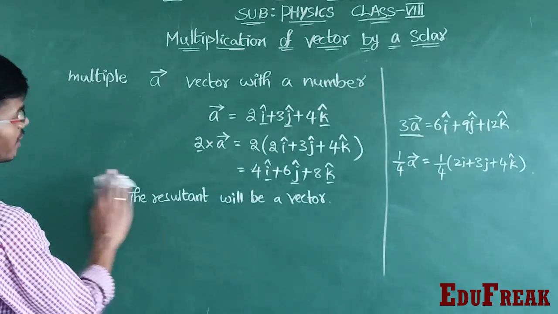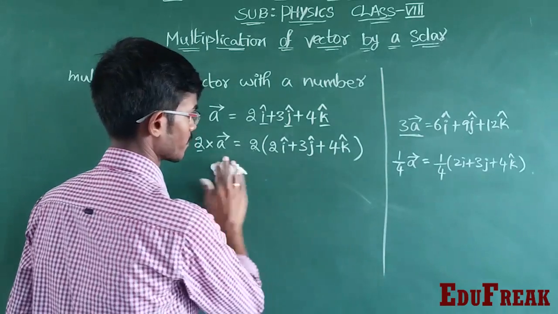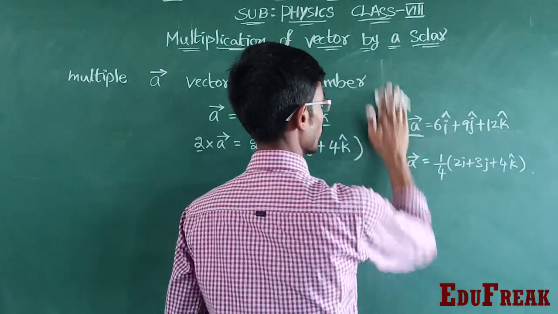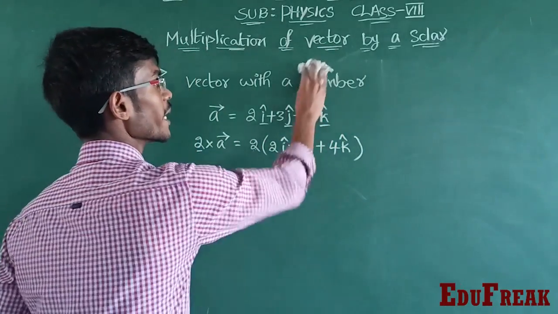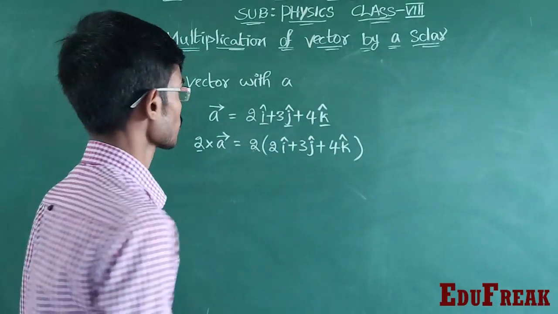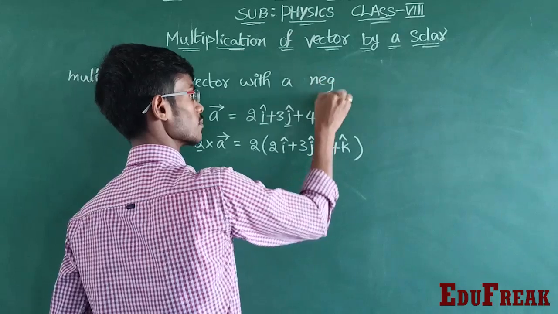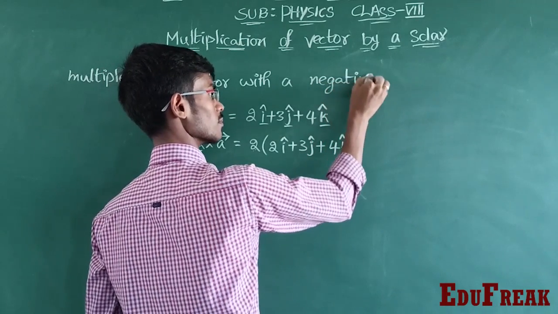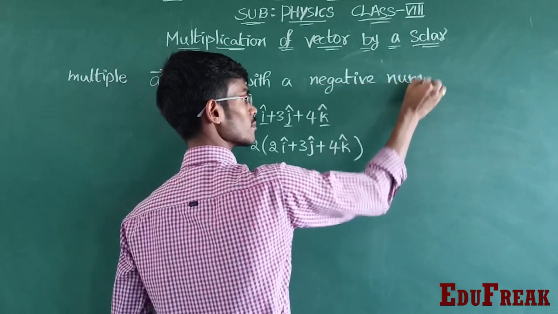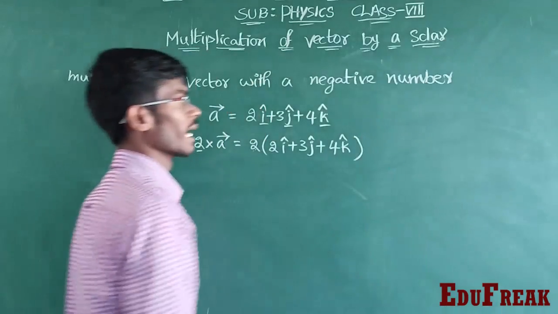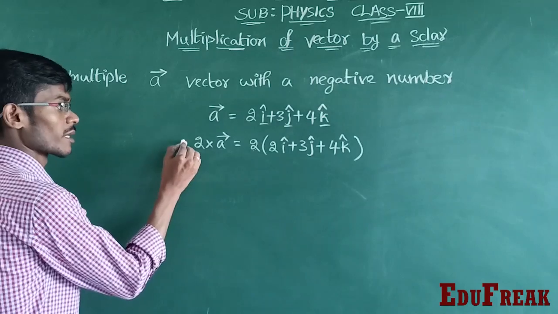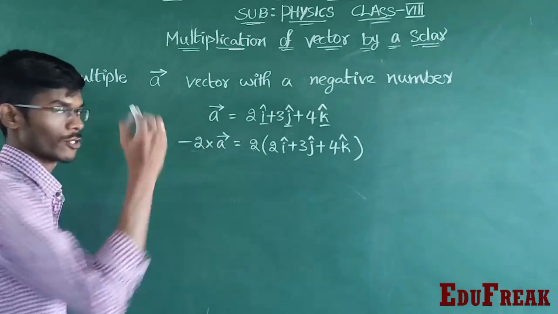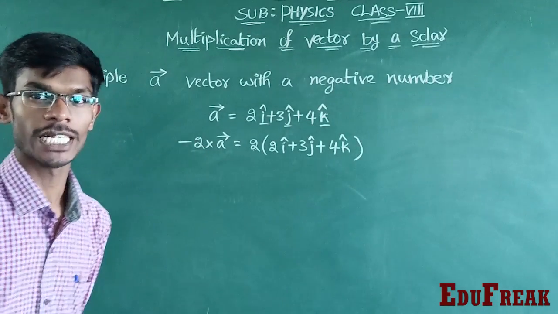Then if you multiply a vector A bar with a negative number, what will happen? So 2 is a positive number. Now I am considering it as minus 2. Minus 2 is a negative integer.